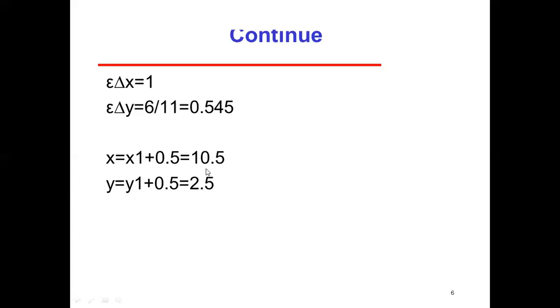Because here we initialize, we will add 0.5 to both values. The initial point is assigned to x and y, but we will add 0.5 to both values.